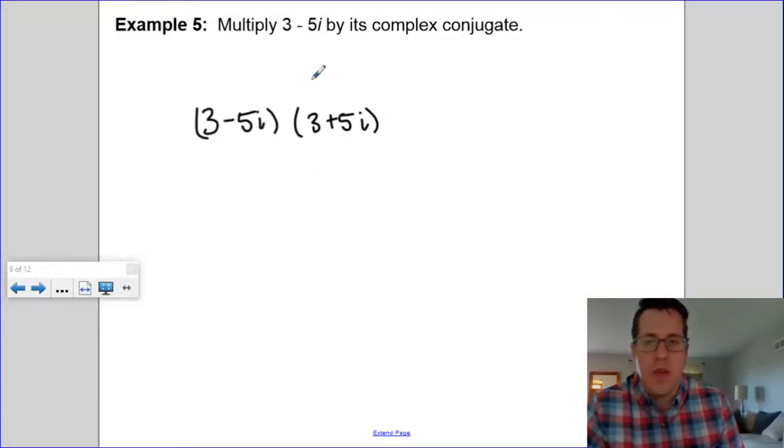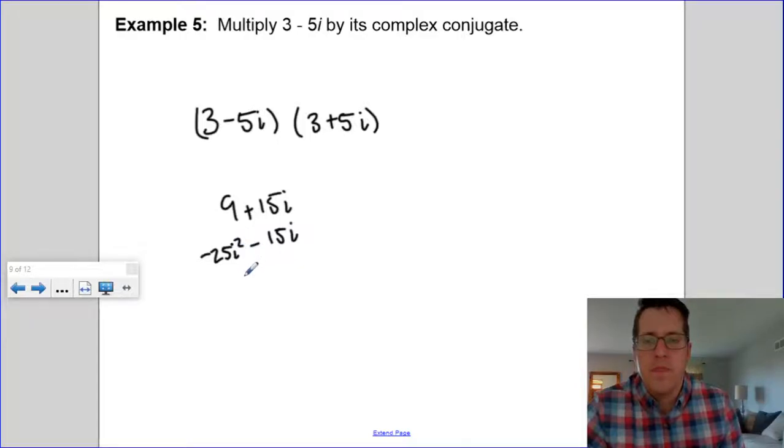Here's the interesting thing. When we FOIL this out, we get 9 plus 15i minus 15i minus 25i squared. The imaginary parts cancel out, and this i squared, remember, is negative 1, so this really turns into 9 plus 25, which is just 34.